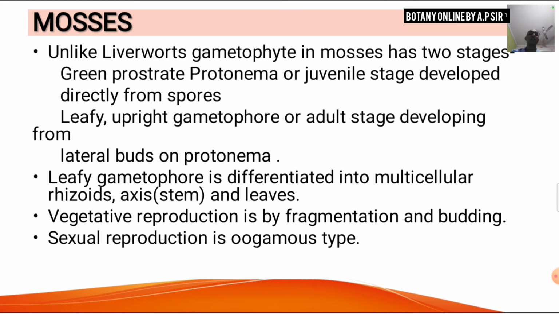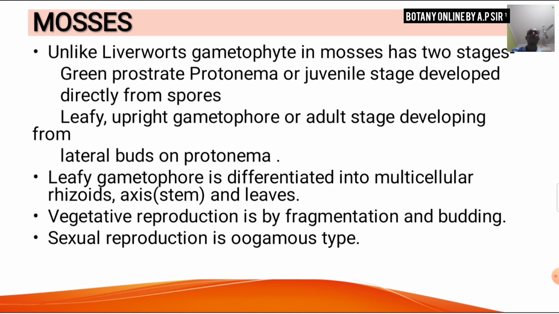The first is the juvenile stage, the young stage, represented by the green prostrate protonema. Once the spores germinate, they produce the gametophyte. The juvenile gametophyte is a prostrate protonema which directly develops from spores.